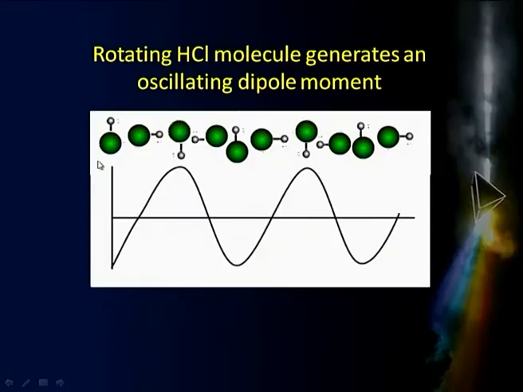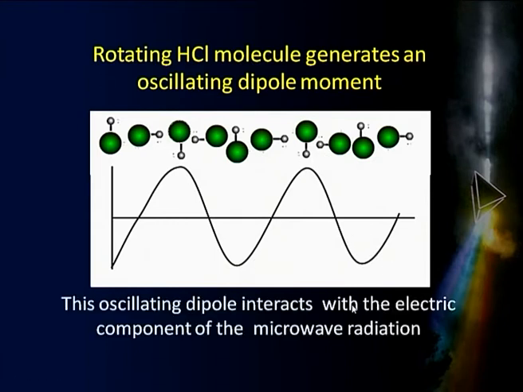Let us take an example of the HCl molecule. If I take a molecule of HCl, you see that there is a polarity in this case. As this molecule tumbles, as it rotates, its dipole moment changes, and we get an oscillating dipole moment. This oscillating dipole moment of the molecule interacts with the electric component of the microwave radiation.